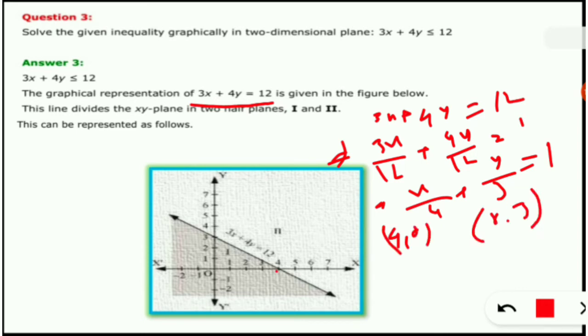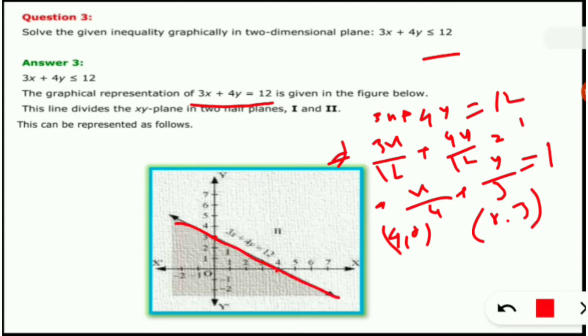The line passes through the points (4, 0) and (0, 3). Why is the line continuous? Because the less-than-or-equal-to symbol is given, that's why the line is continuous.